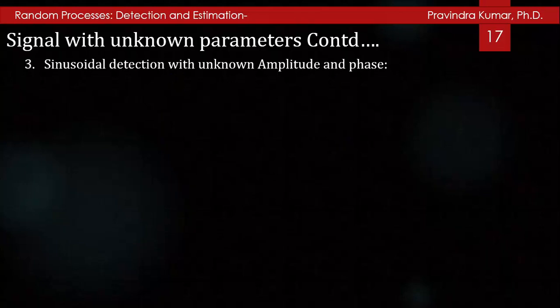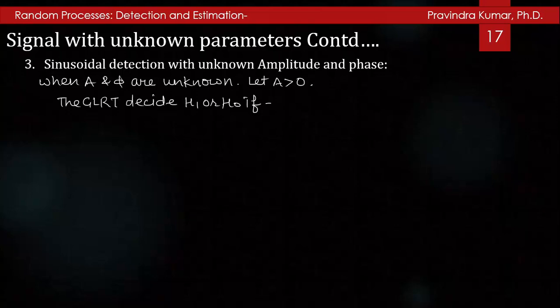Now the sinusoidal detection with unknown amplitude and phase. When amplitude A and phase are unknown, we must assume that A is greater than 0, otherwise two different sets give the same signal and the parameters will not be identifiable.